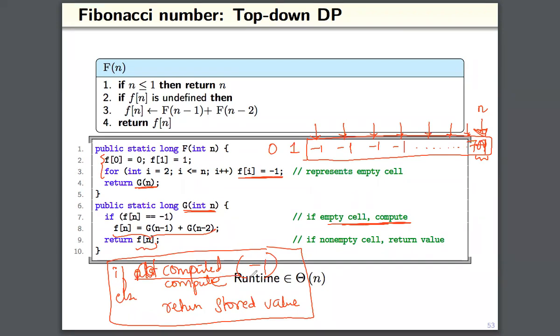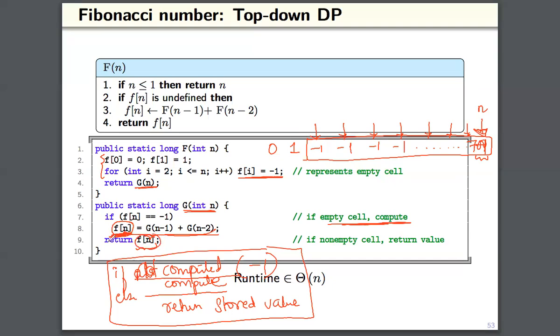So once you compute it, you are storing it in a memory location for that parameter, f of n. When you're computing for the first time, you're storing it. If it is already computed, then return that stored value, f of n.